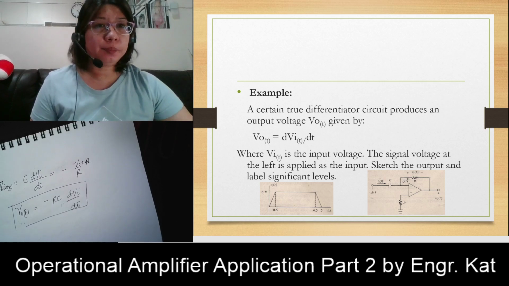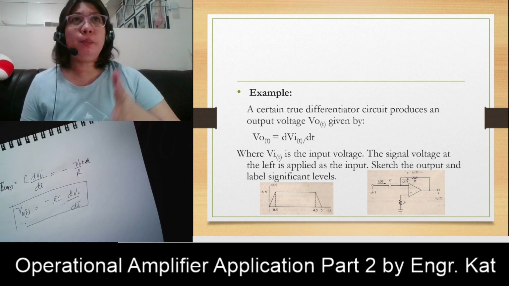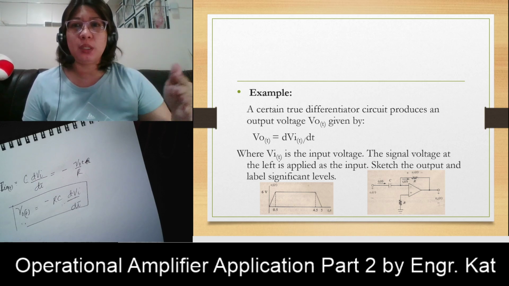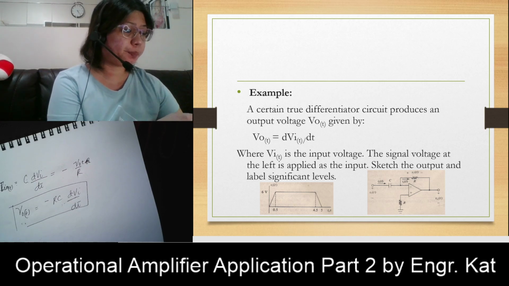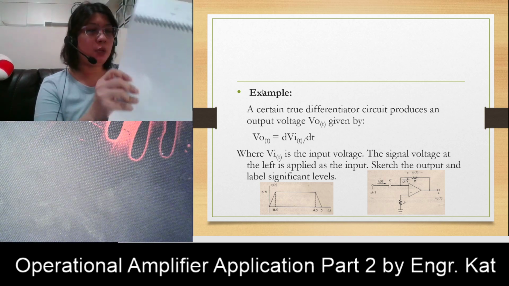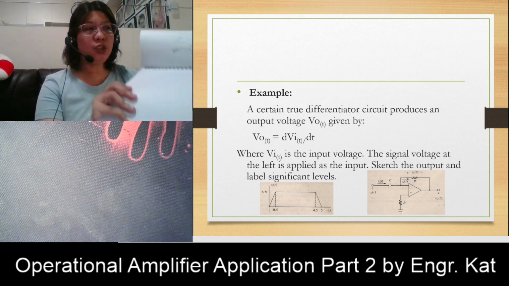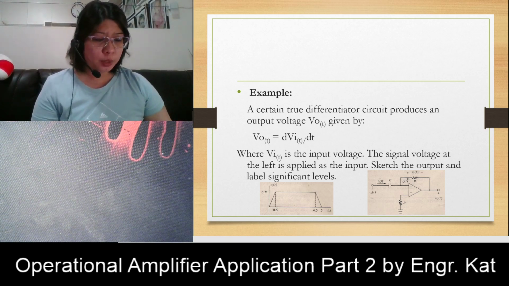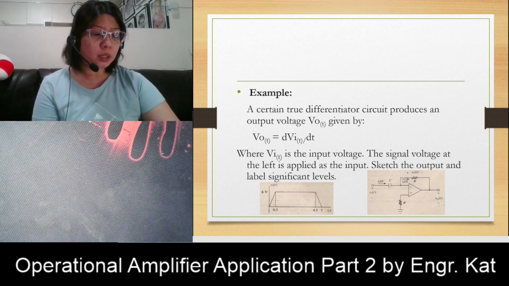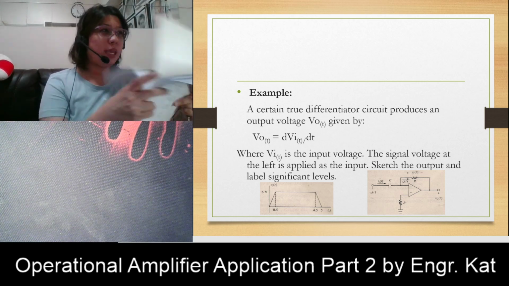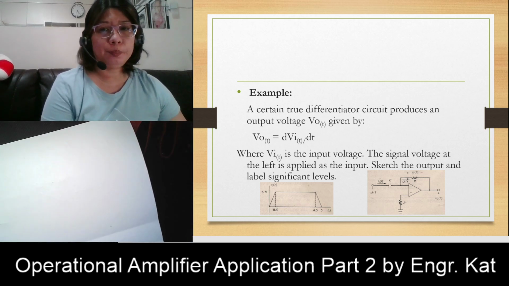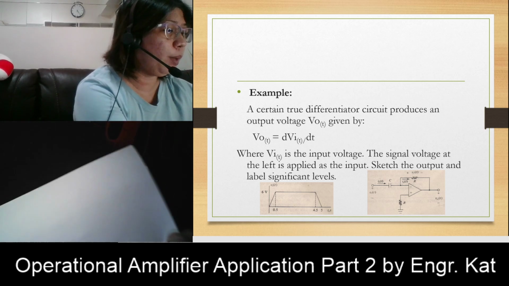We will be analyzing each input that we have. So for example, the derivative represents the change in voltage with respect to change in time, so it is just like a slope.